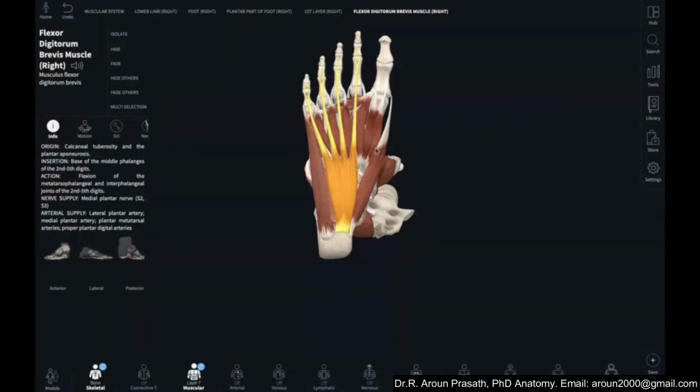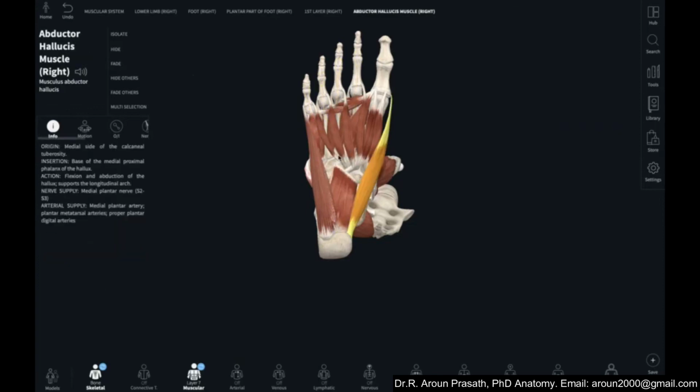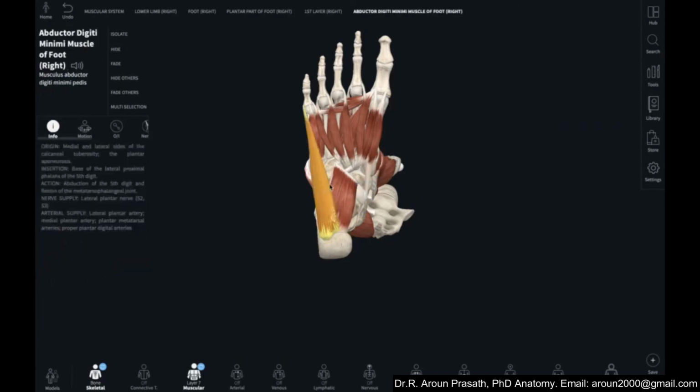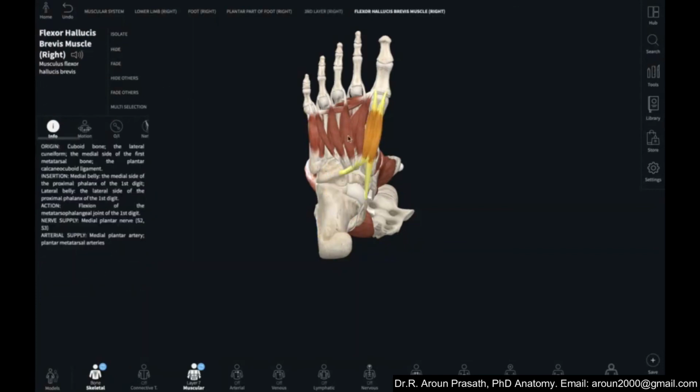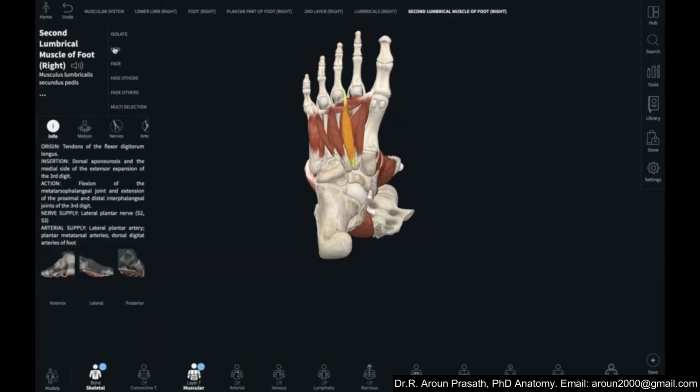This is the flexor digitorum brevis muscle, this is the adductor hallucis muscle, this is the abductor digiti minimi muscle, and this is the quadratus plantae muscle. These are the flexor hallucis brevis muscles, and these are the lumbrical muscles.